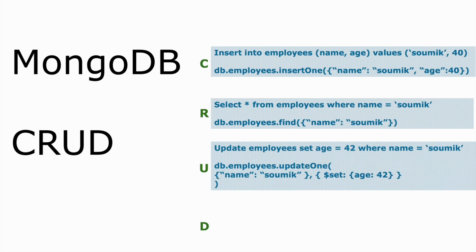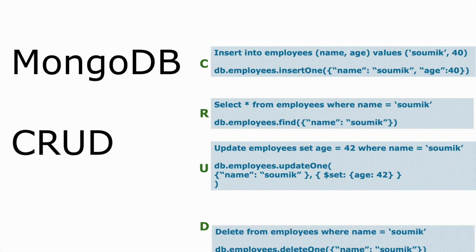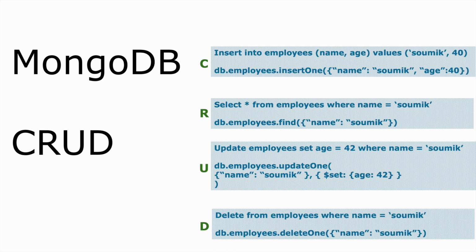And then the update syntax, db.employees.update, and then on the left hand side, the criteria for update, and then on the right hand side, after a comma, $set, like what we want to update to, and finally the delete syntax. So this is in a nutshell how the CRUD query of RDBMS translates to the MongoDB equivalent.